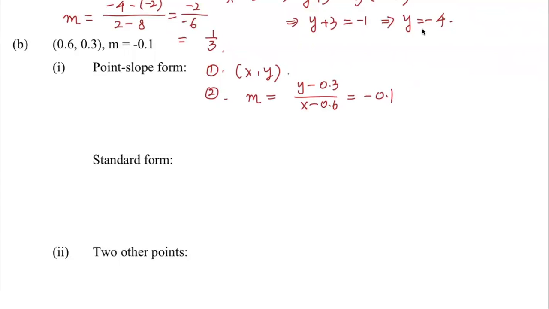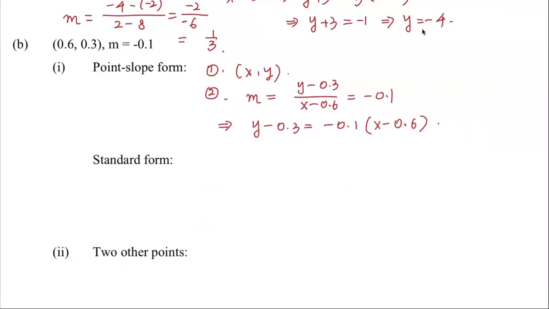Right? And then we use some mathematical operation to move x minus 0.6 to the right side of the equation. So this gives y minus 0.3 is equal to minus 0.1 times (x minus 0.6).